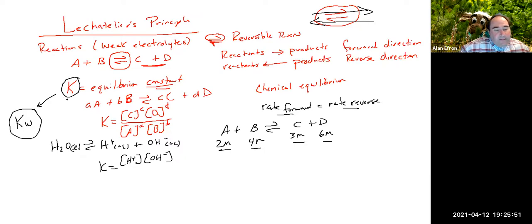But there are 2 things that do not go into here. Anything that's a liquid or a solid is not included. So that's why we wouldn't put anything there. And that's actually how we get our Kw expression, because water is a pure liquid, it wouldn't be included. And again, that's really what the Kw is, an equilibrium constant.